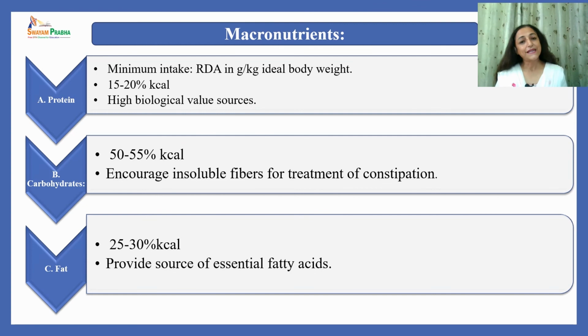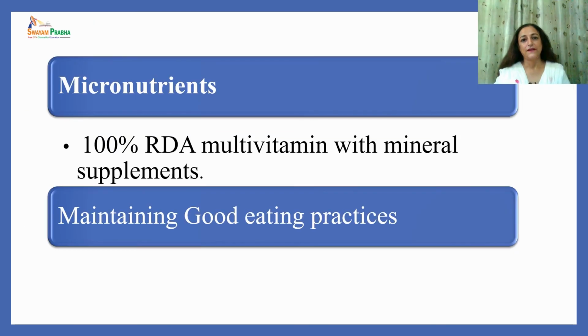And just like a normal diet, fat should comprise 25 to 30% of total calories, and due importance should be given to ensure that we are providing ample amounts of essential fatty acids because the skin is badly affected in these cases.